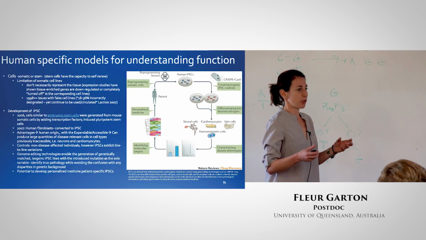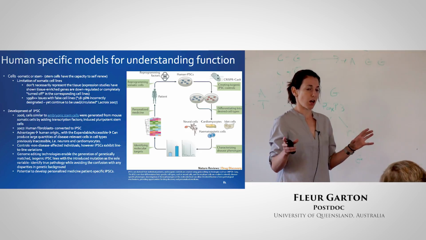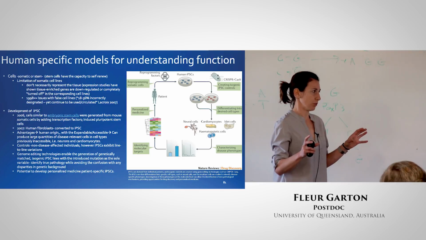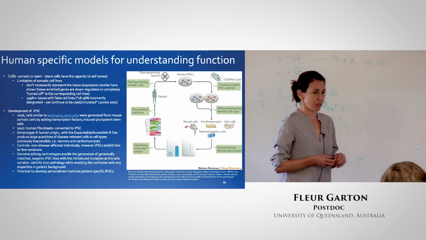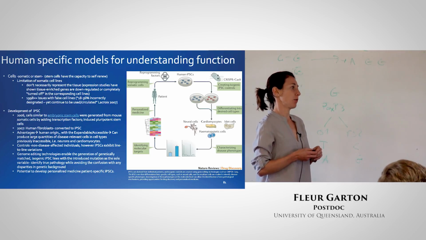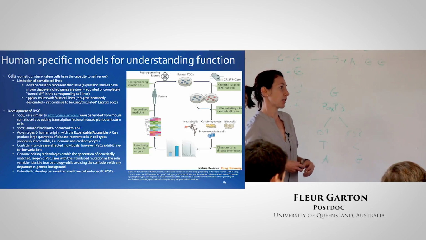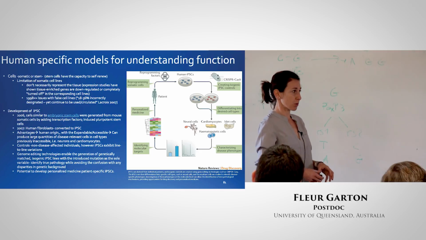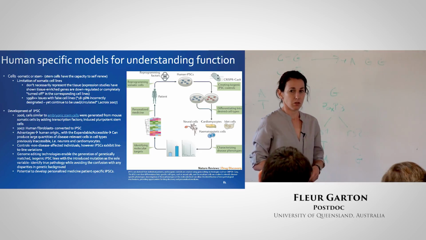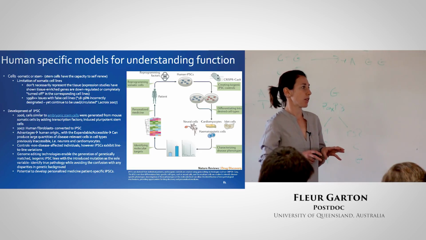Pluripotent meaning that they can diverge to any type of cell or tissue. In 2007, they used human fibroblasts and converted these to iPSC using a similar method, adding these transcription factors to the cells.